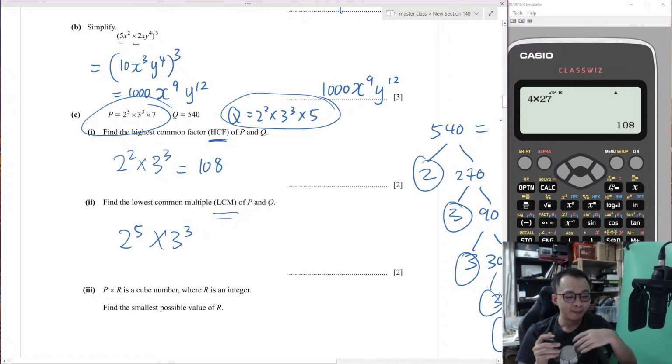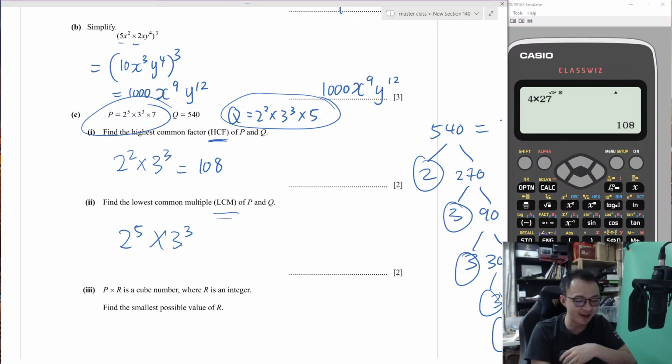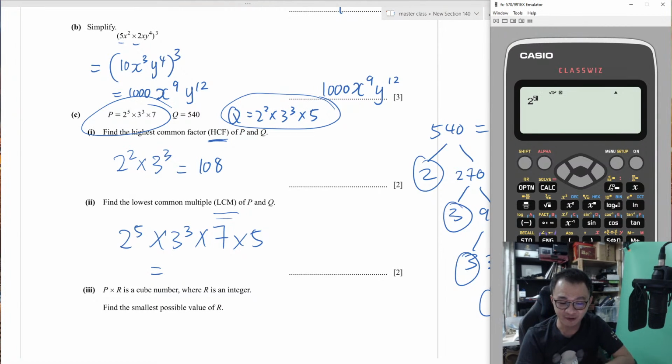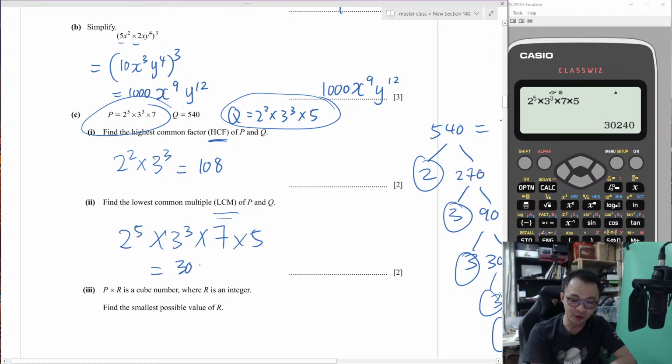P has 7, Q doesn't have 7, so the highest possible value is 7. Same idea for 5. So this is how you get the LCM: 2 power of 5 multiply 3 power of 3 multiply 7 multiply 5. Okay, 30240.